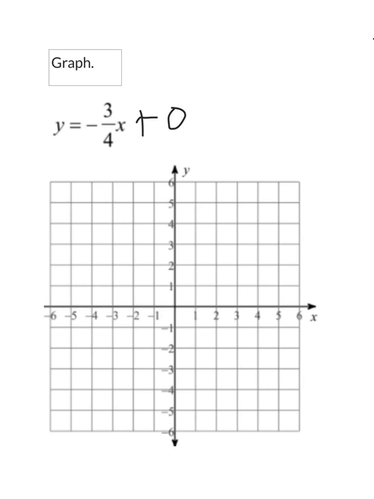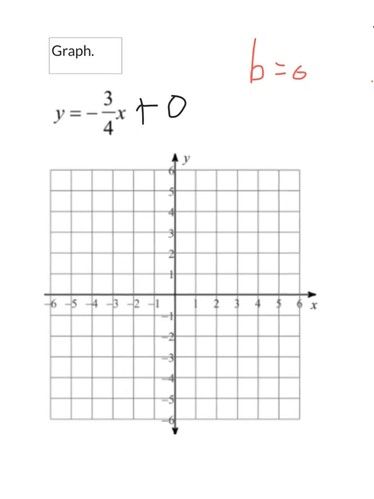Here we go. The y-intercept, b, equals 0. Y equals 0 is right there. The slope is negative 3/4.